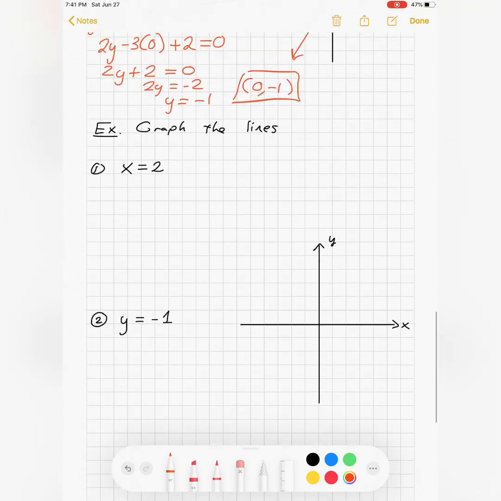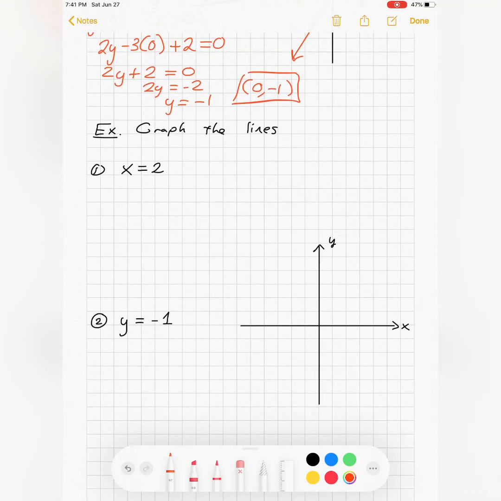Okay, so here I have a couple of special lines. So the thing is, this line here, it says x is always equal to 2. No matter what y is, x is always 2.